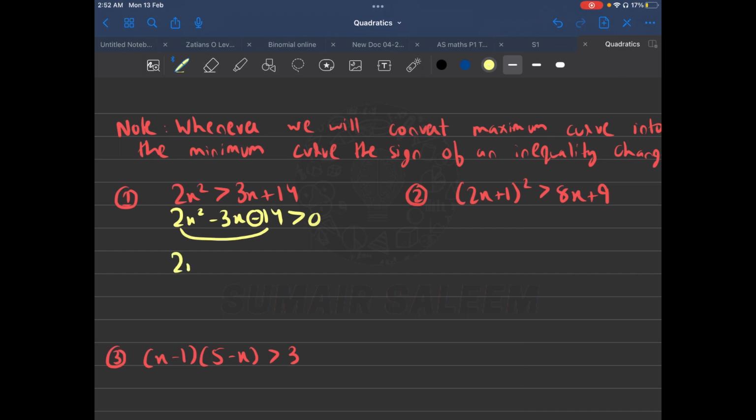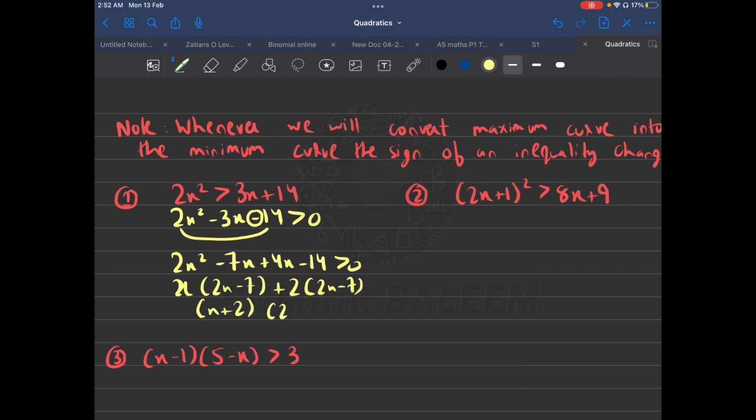So let's use that. 2x squared minus 7x plus 4x minus 14 greater than 0. Take x common, 2x minus 7. Take 2 common, 2x minus 7. So x plus 2 and 2x minus 7. So one answer will be x equal to minus 2 and the other answer will be 7/2.